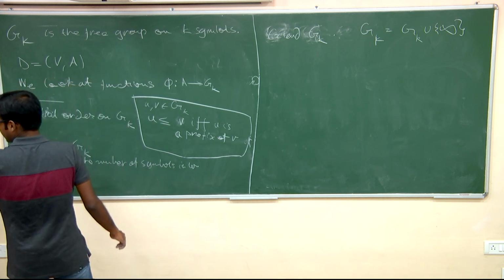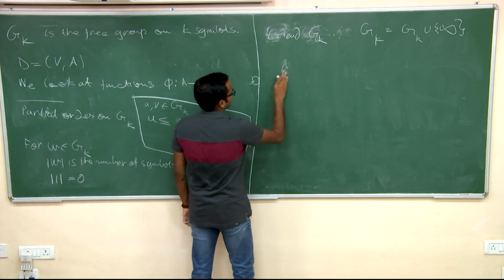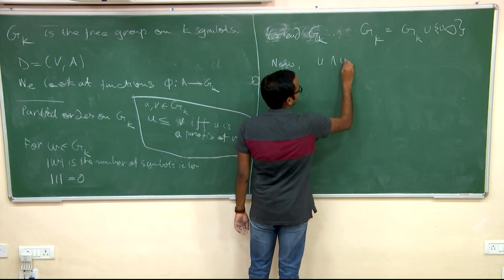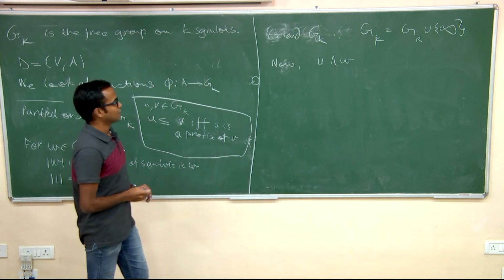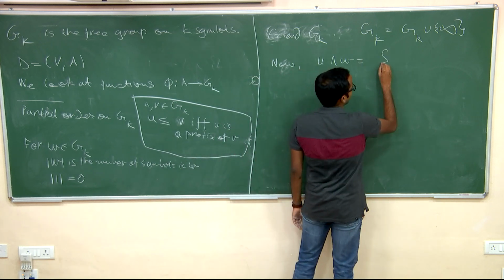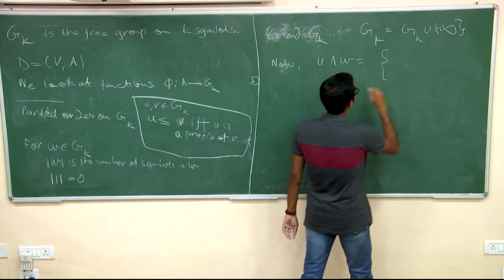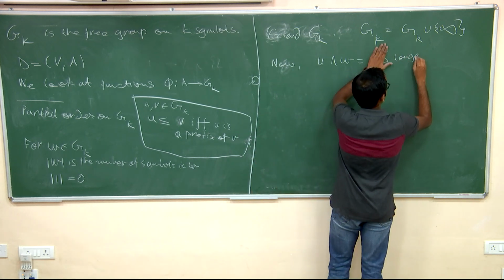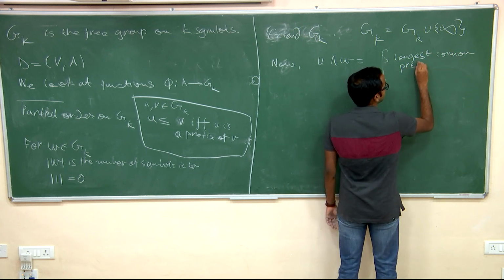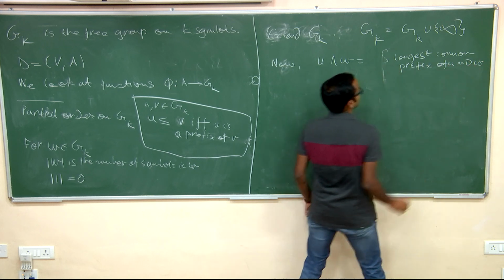So if you extend GK like that, it becomes a lattice. What is this? This is the longest common prefix.